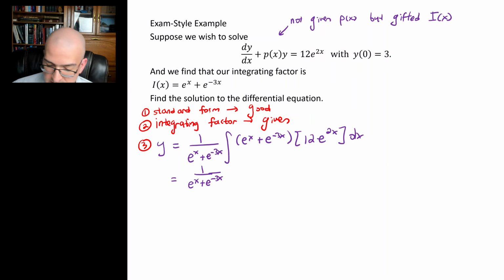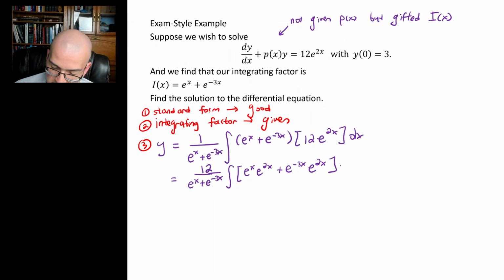And then we can multiply the 12 out to the front, and then we have the integral of e to the x times e to the 2x plus e to the negative 3x times e to the 2x. Just expanding.